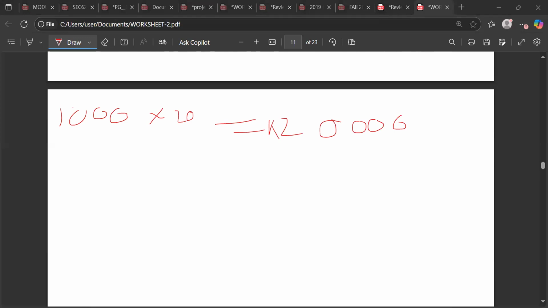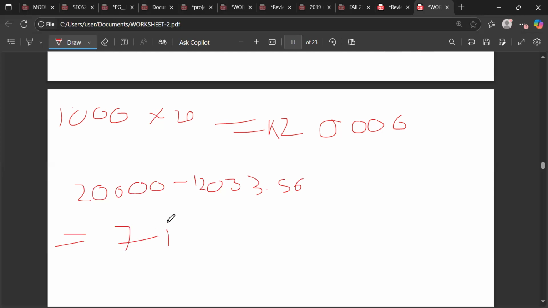So the interest paid is now 20,000 minus the original amount, 12,033.56, which will give us 7,966.44 as a difference here.